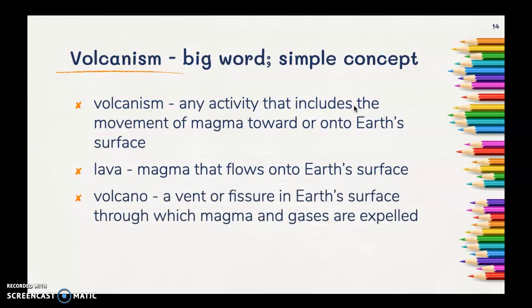It is just a crack in the ground, a vent or a fissure in Earth's surface through which magma and gases are expelled. So it doesn't have to look like a big mountain with a hole on the top. It can look a lot of different ways. In fact, most volcanoes don't look like that. But the ones that are big and beautiful and snow-covered do, and those are the ones that we love and go climb and take pictures of.